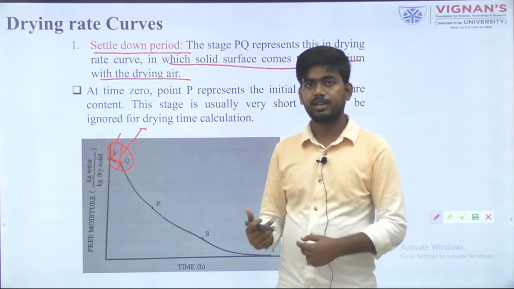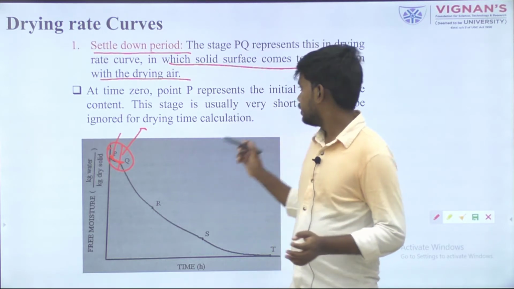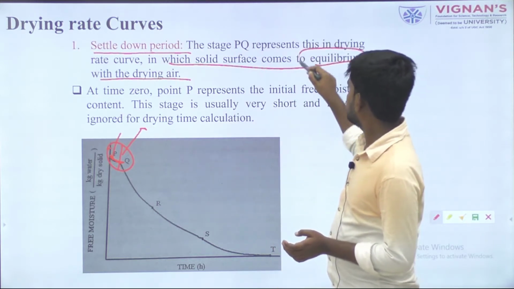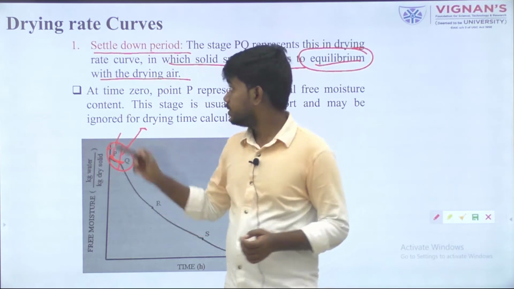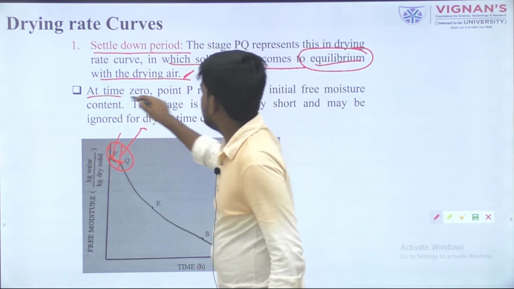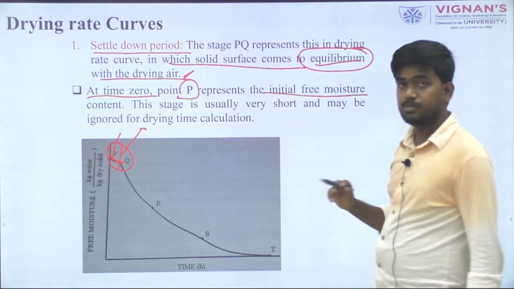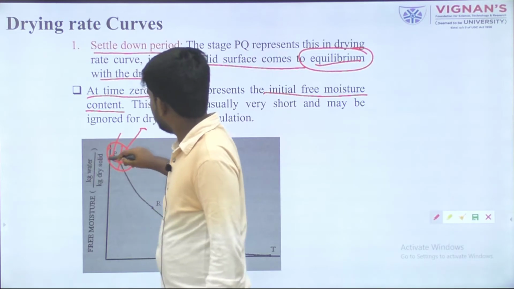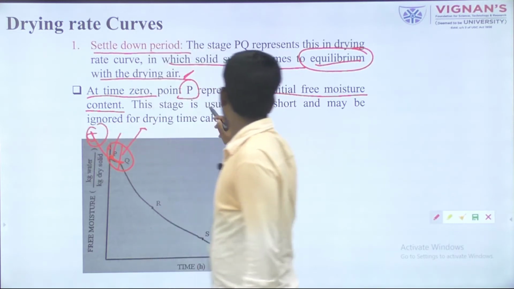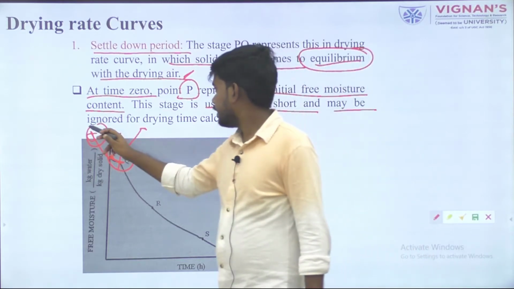So it will take some time to adjust to this environment and reach equilibrium with the drying air. This is the settle down period. Here we also write time T0, and P is represented as the initial free moisture content. Initial moisture content is usually very short, as I told, and may be ignored.